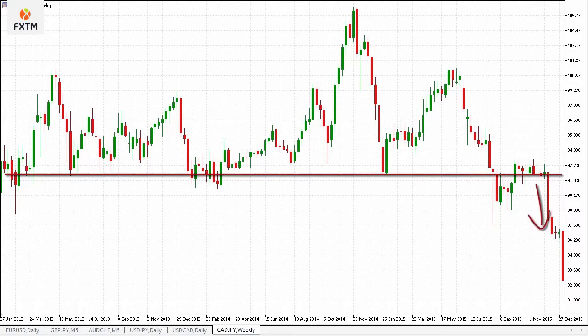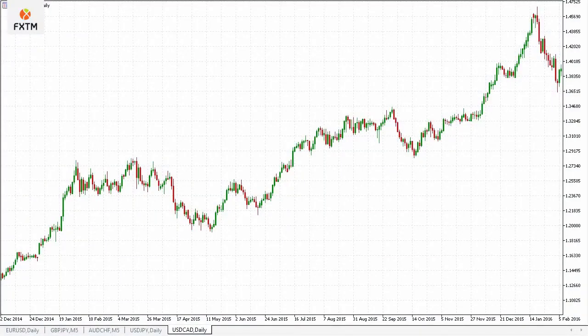This is pretty typical behavior, and we would treat it the same way that we would any other resistance level because we know that the price has been pivoting at that point in the past, and it's likely that investors will still remember that point, and the price is likely to treat it as resistance and subsequently decline.